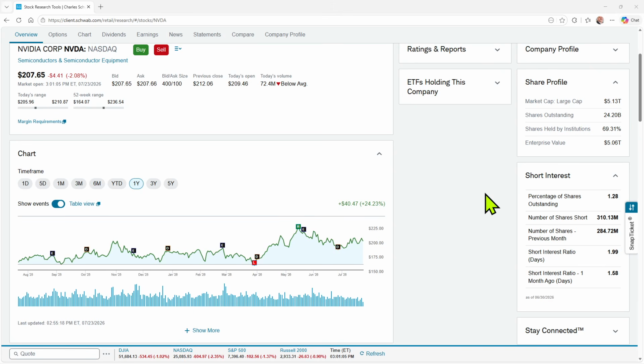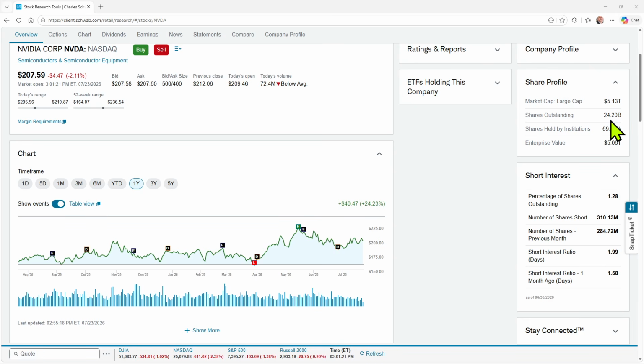So first of all, we're going to take a look at the number of shares outstanding. This particular name has 24 billion, with a B, shares outstanding. That's a fairly large number of shares outstanding, but that's only part of the picture.